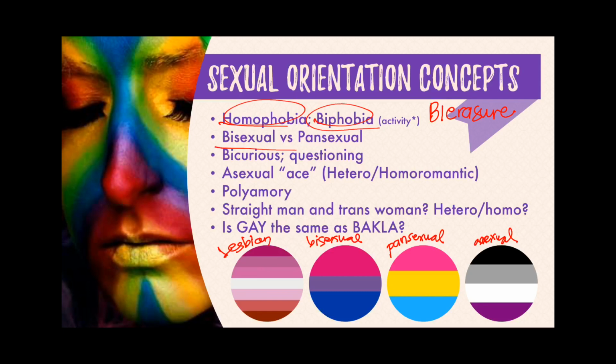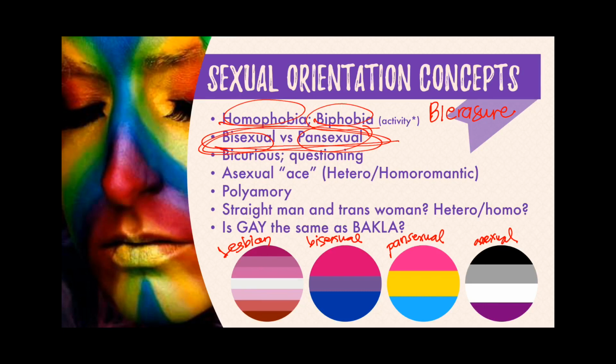What is the difference between bisexual and pansexual? Recently, I've learned that pansexual is under the umbrella of bisexual because now they are defining bisexual as not just having attraction to two sexes. No, it's more of having attraction to more than one sex or more than one gender.